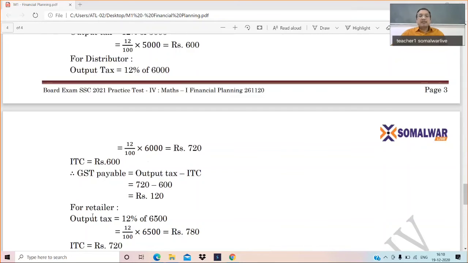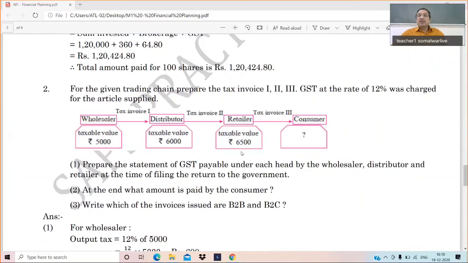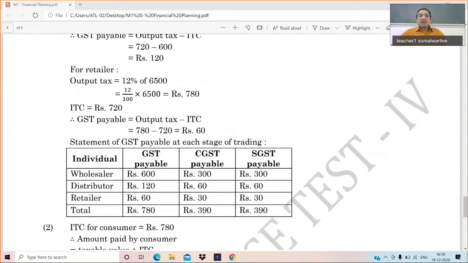Now for retailer, output tax is 12% of 6,500 because retailer sold it to consumer for rupees 6,500. So output tax will be 12% of 6,500, and that gives rupees 780.